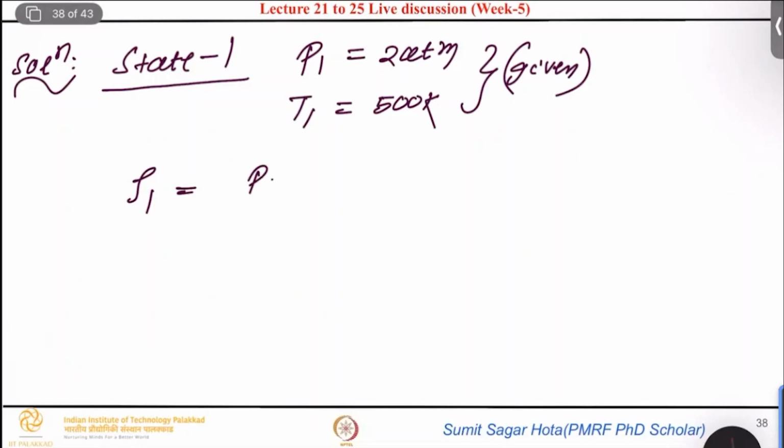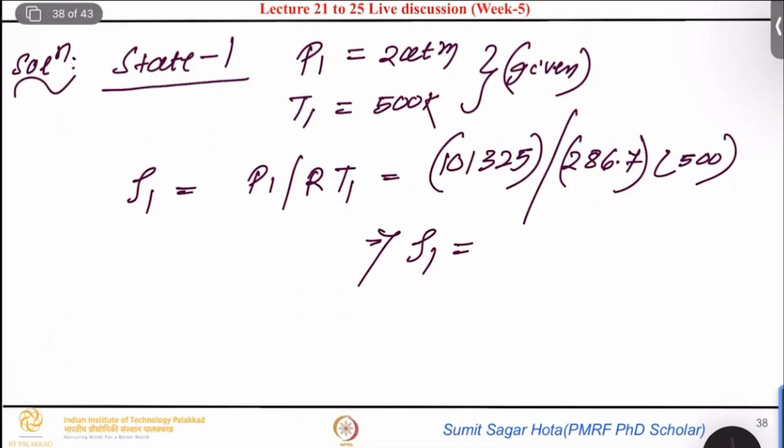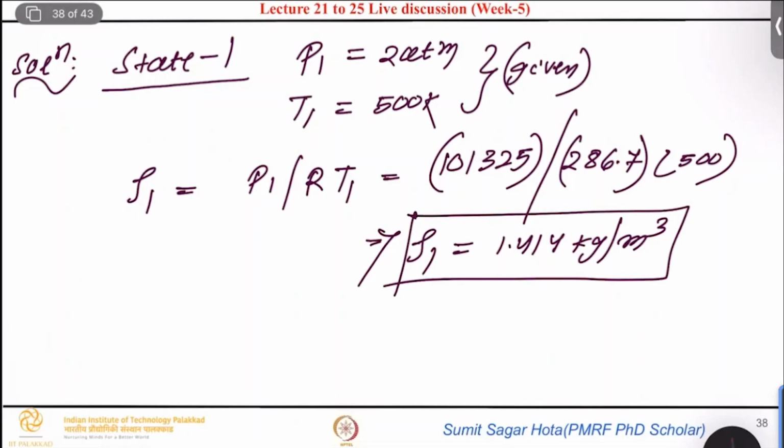Rho 1 is P1 by R T1, which is 101,325 divided by 286.7 into 500. What is rho 1? 1.414 kg per meter cube.